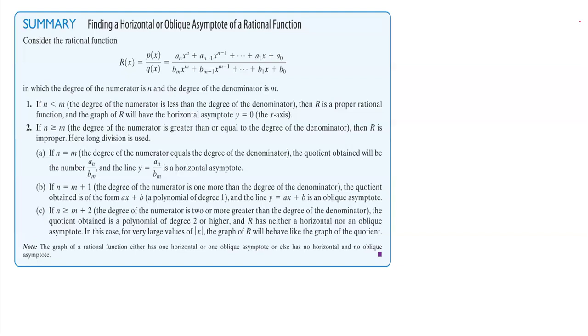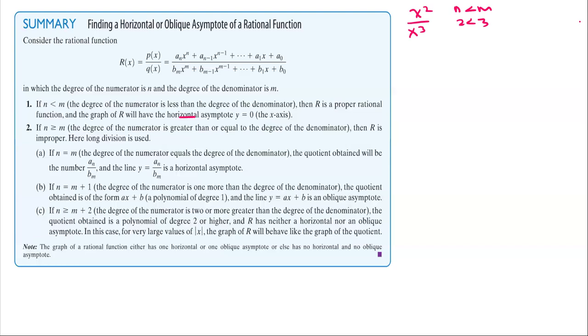Well, let's say we have x squared divided by x to the third. Okay, x squared over x to the third. So notice that the numerator's power is less than the denominator's power. So 2 is less than 3. If 2 is less than 3, what does that say?